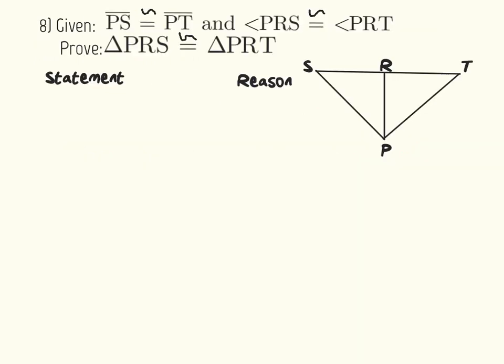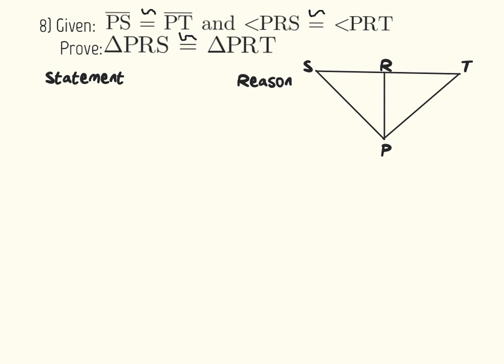Okay, for number 8, we have PS is congruent to PT, angle PRS is congruent to angle PRT, and we want to prove that triangle PRS is congruent to triangle PRT. Okay, so we need to check, we're probably going to be able to use the hypotenuse leg theorem here. So I need to get a right triangle, have a hypotenuse the same, and have one set of legs the same.